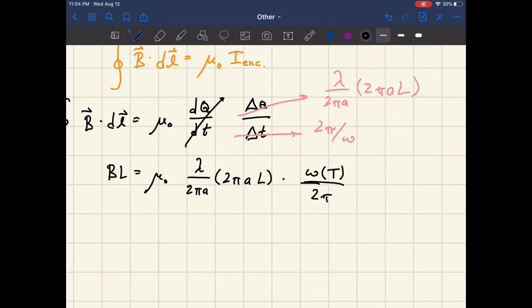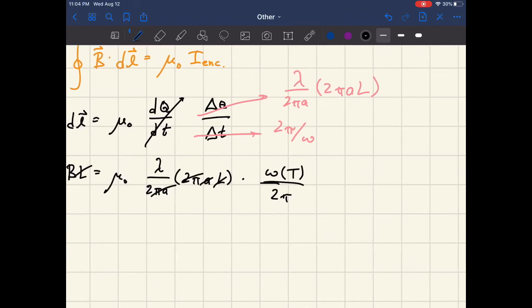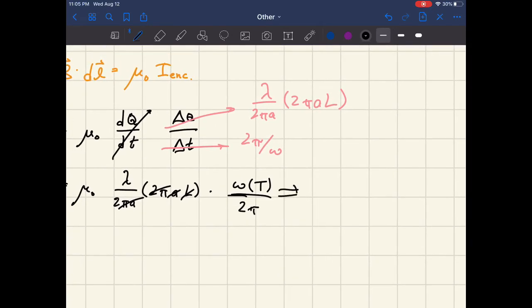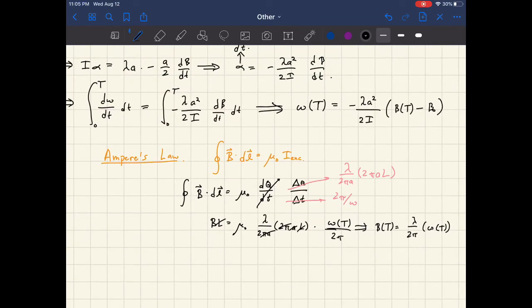You can cancel these out, you can cancel this out, everything cancels, and we're having fun. So finally, B of t is equal to lambda over 2 pi times omega of t. And everyone's happy because you have B of t as a function of omega t, so you can plug it all in and get your final answer.